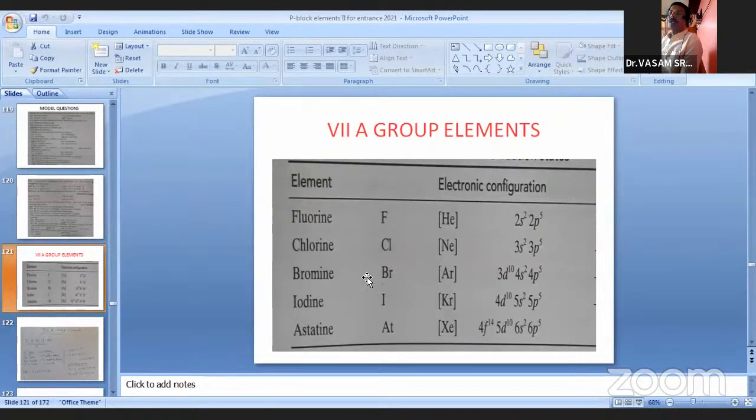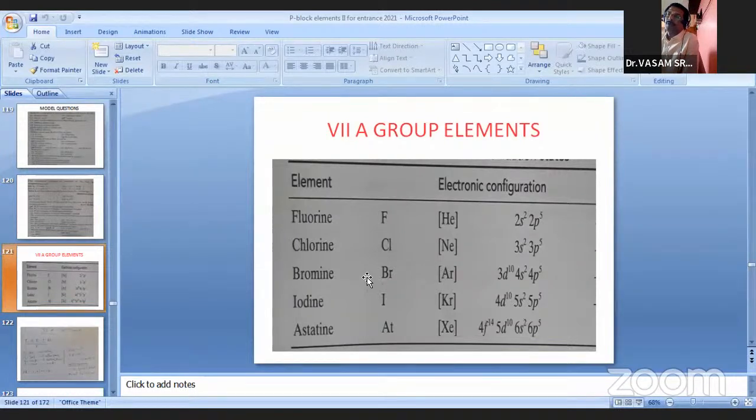Since they are produced in large amounts in sea water, they are found abundantly in the sea. That's why they are called halogens: halos means ocean or sea water and gen means genesis or produced. So they are produced from sea water.